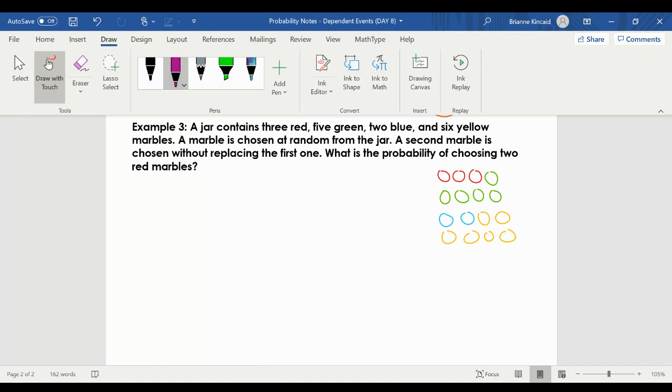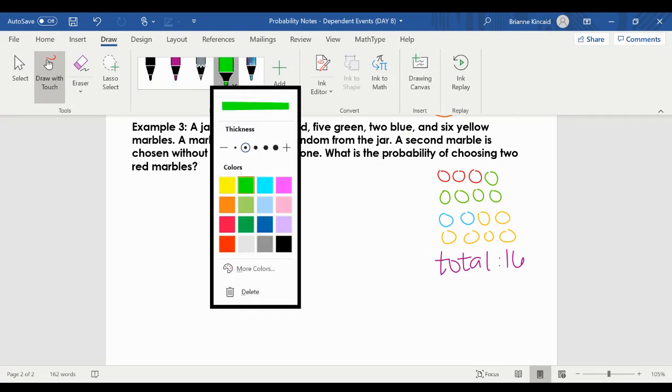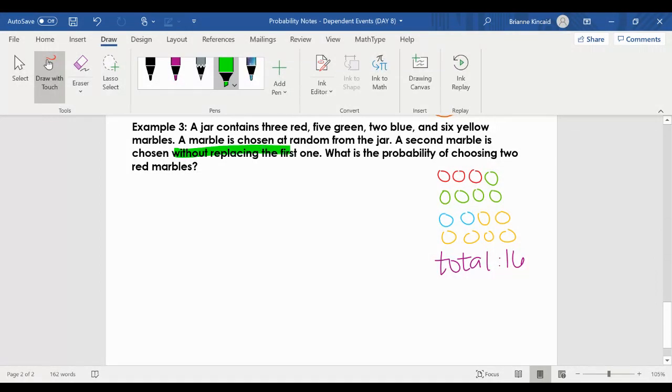Just like before, I have a total of 16. A marble is chosen at random from the jar. A second marble is chosen without replacing the first one. Without replacing means right away these are dependent events. What is the probability of choosing 2 red marbles? That's the probability of red times the probability of red.